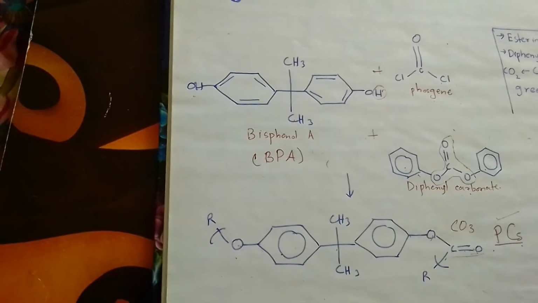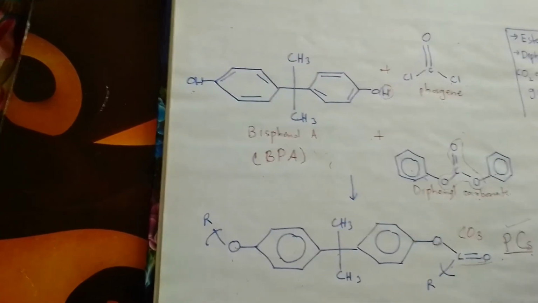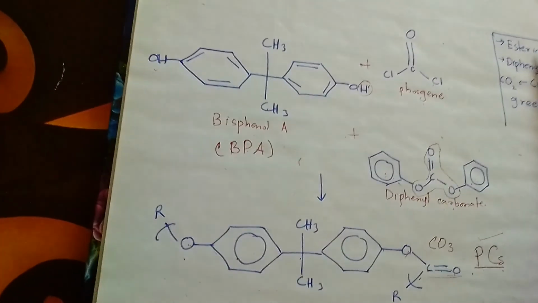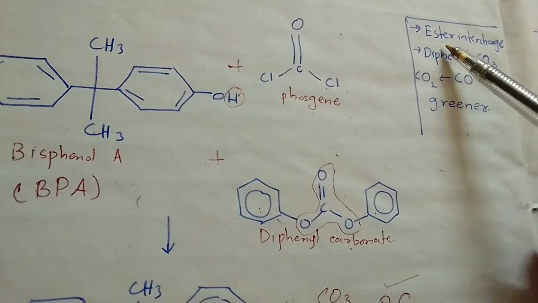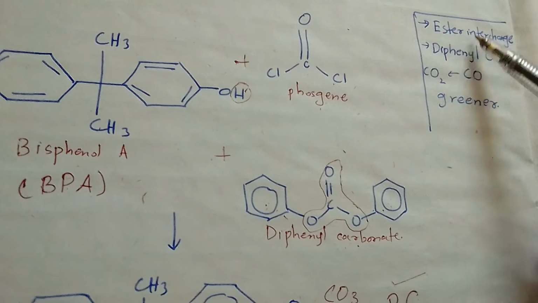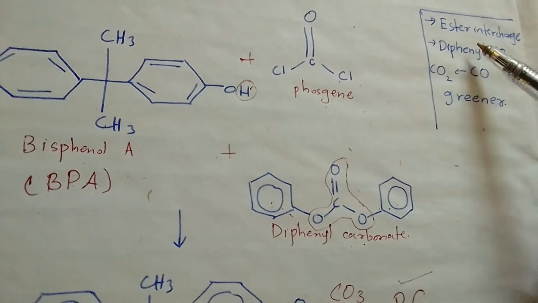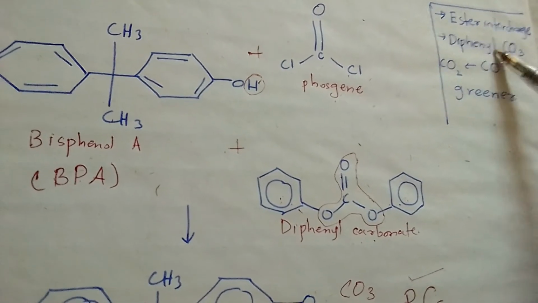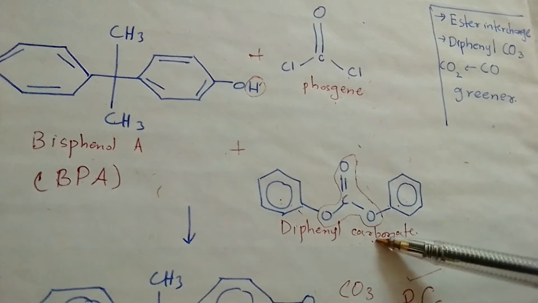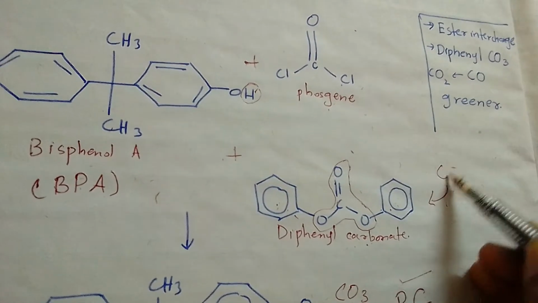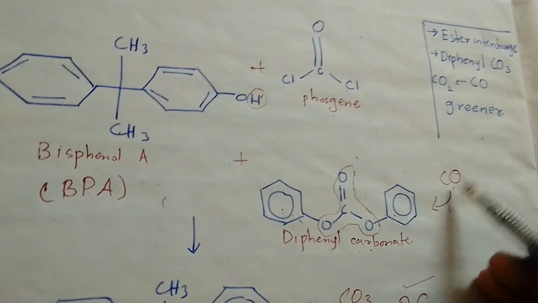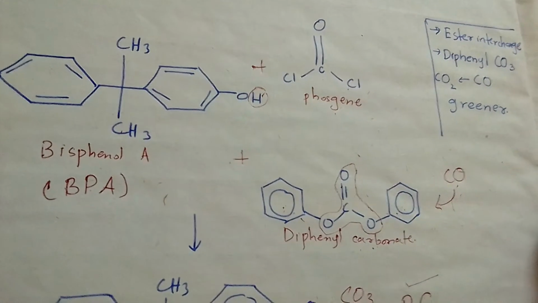Now remember some important points here. This one I have written here. This is basically an ester interchange reaction, and the diphenyl carbonate that we are using here, we can get from carbon monoxide. And from where can we get the carbon monoxide?